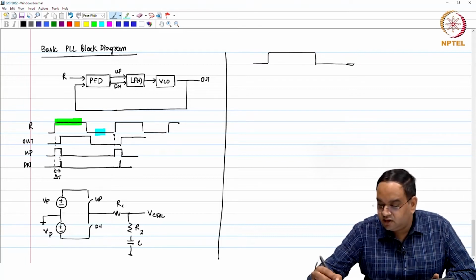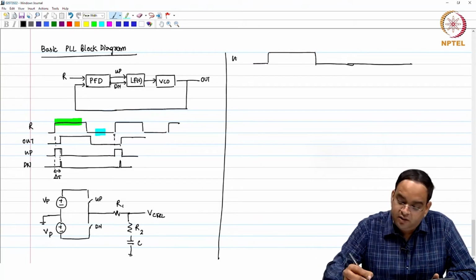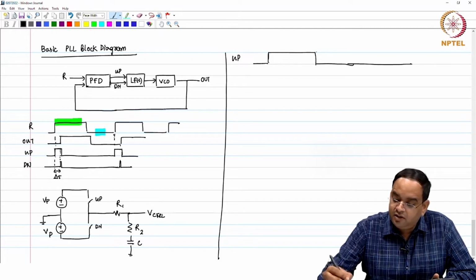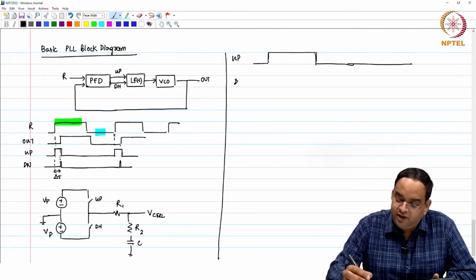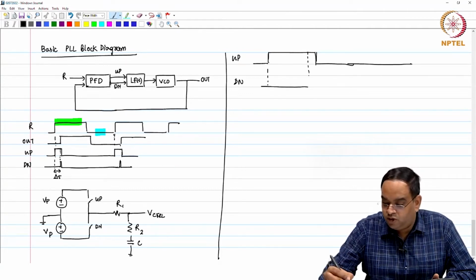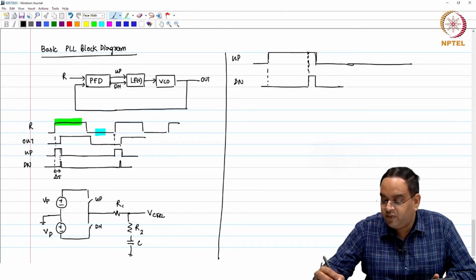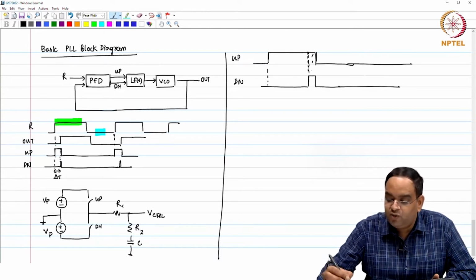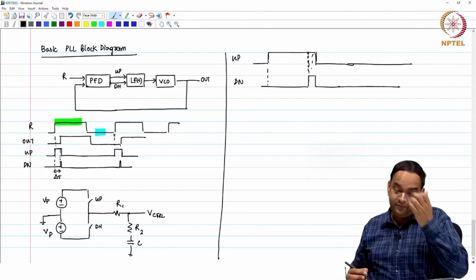So, this is the duration for up, and then you have the down signal. During the down signal, let us say this happens. I will neglect this particular part, but this is just the amplified part. During this time, both the switches are high.